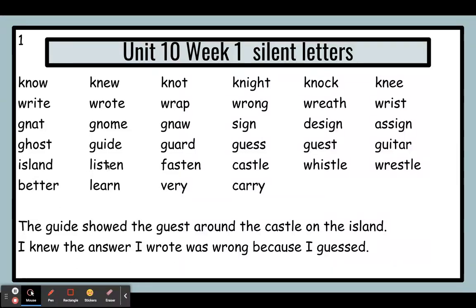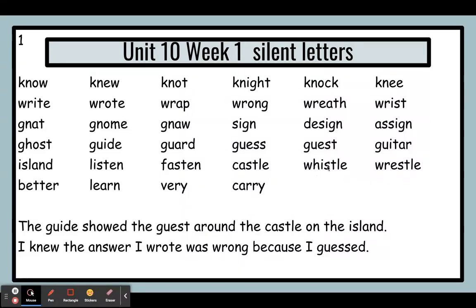This one, silent T, first syllable, lis. Second syllable, sen, listen, listen. Next one, first syllable, fas, second syllable, sen, fasten, fasten. Cas, castle, castle.